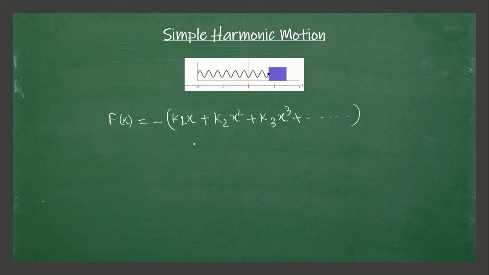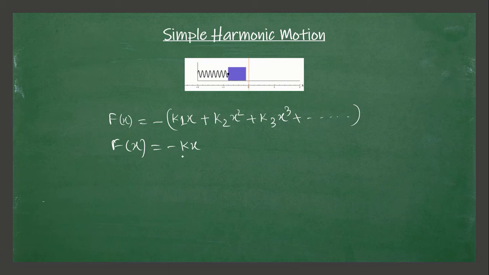Well, this might not look very familiar to you. What about this formula? Fx equal to minus kx? Well, this is Hooke's law, which you are familiar with, right? But not the one above. Actually, the above equation is the more generalized equation of the force acting on a spring, where x can take any value.